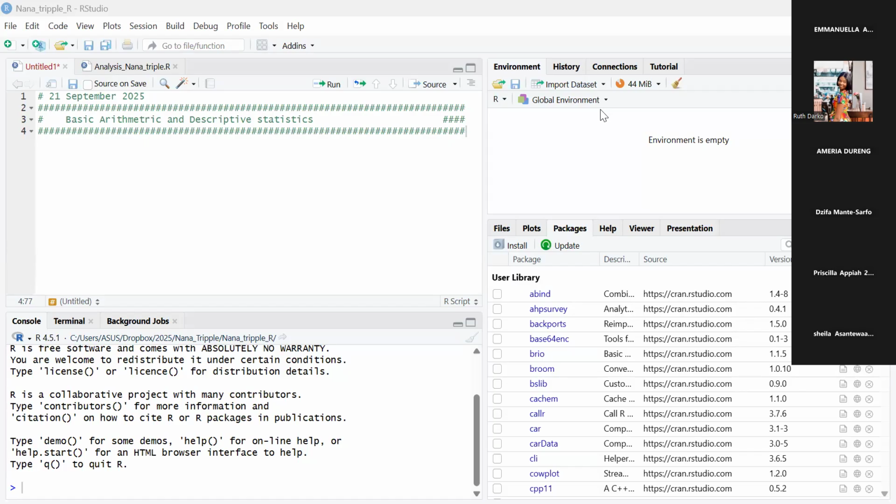What do you see? Is the source panel, the console, the environment, and then the file, the plot, the packages, and the rest. Those are the things we talked about. So, ladies and gentlemen, I'm getting a feedback.